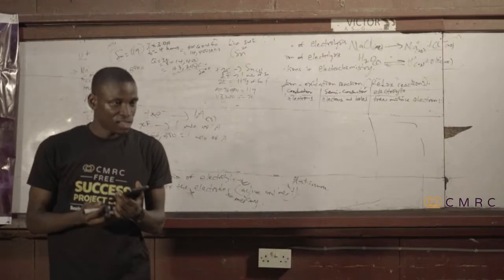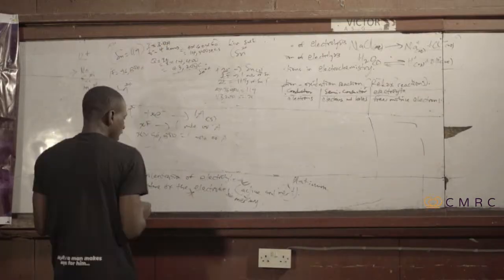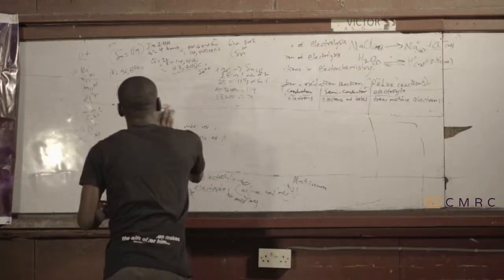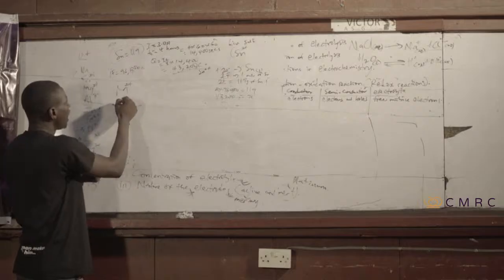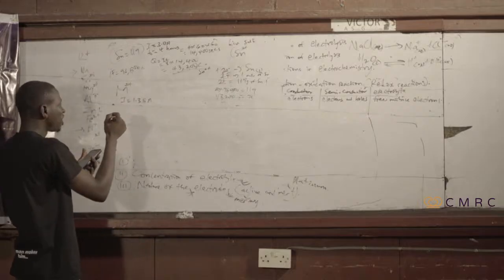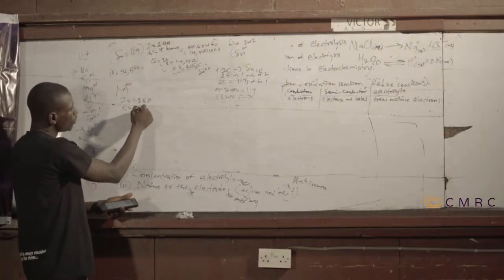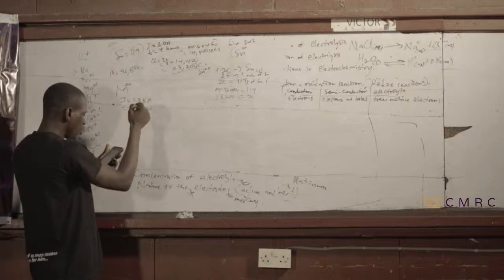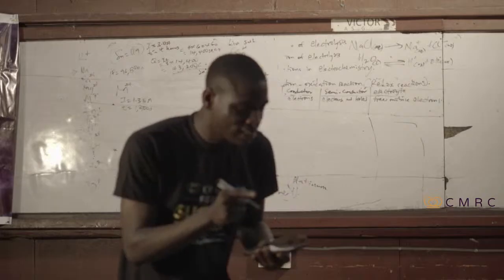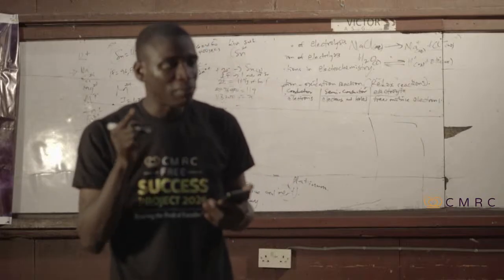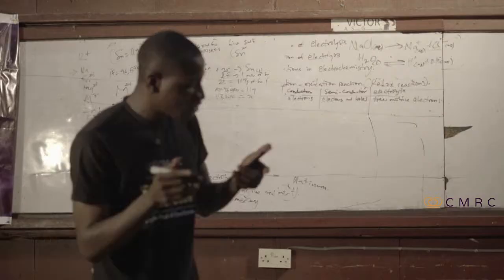The divalent metal M is deposited when a current of 1.35 amperes is passed for 1,500 seconds, meaning our T is 1,500 seconds, through a solution of its salt using inert electrodes. Calculate the relative atomic mass of M.